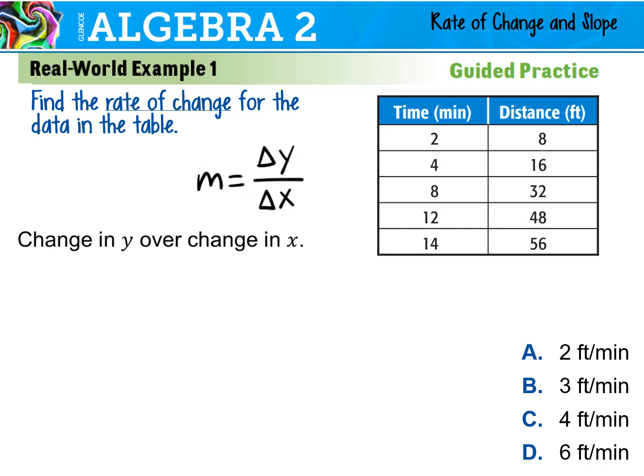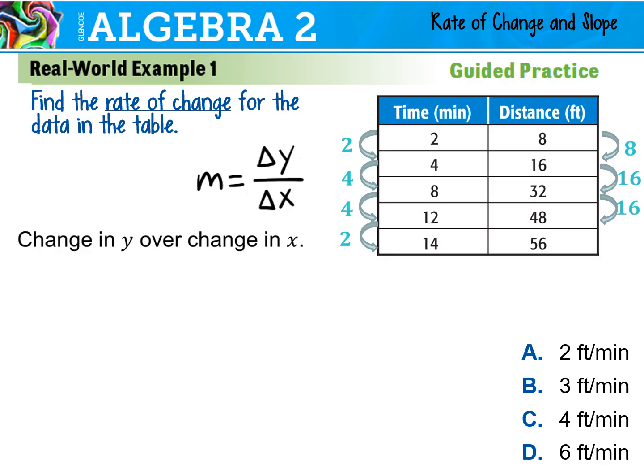Real world example one, find the rate of change for the data in the table. Remember, it's change in y's over the change in the x's. So on the left-hand side, here's our x's. We're going from 2 to 4, which is up 2, 4 to 8, up 4, 8 to 12, up 4, and 12 to 14 is a change in 2. 8 to 16, change in 8. 16 to 32, change in 16.